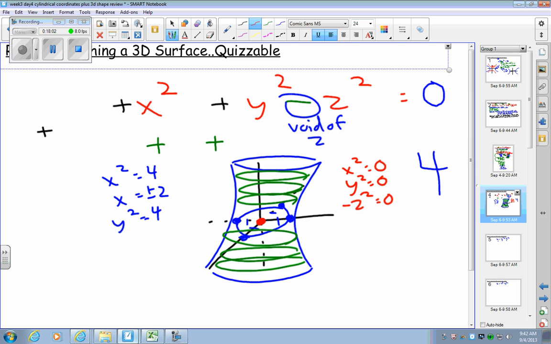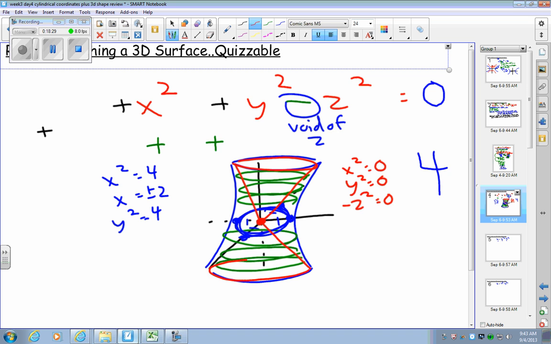So what happens is it now turns into the cone instead of the hyperboloid of one sheet. This blue belt now gets pinched down to there. And what happens with the bending of the blue, it now bends straight to a line.